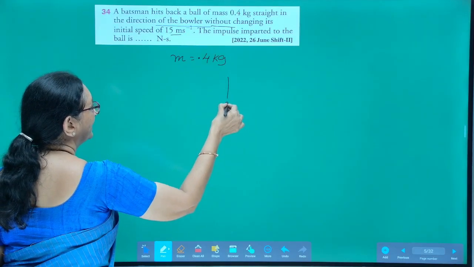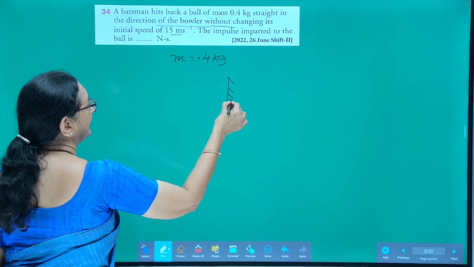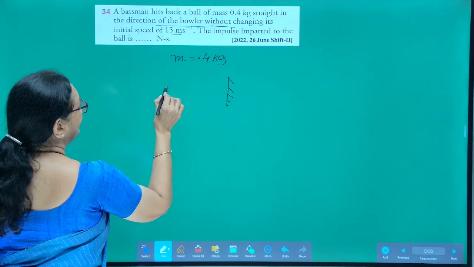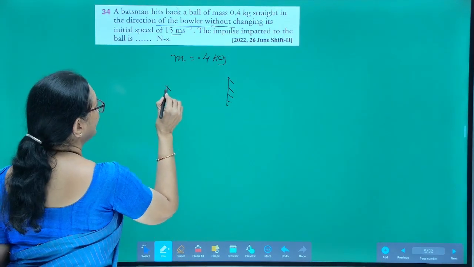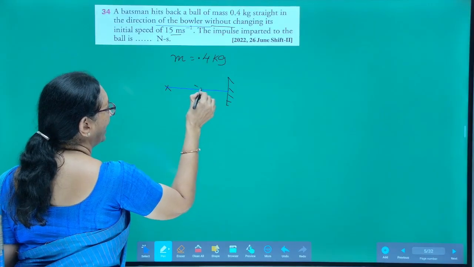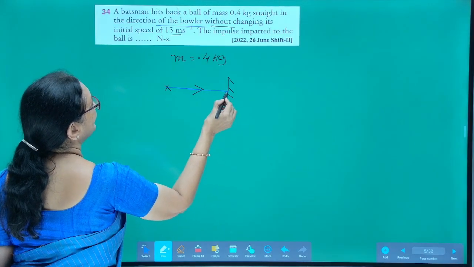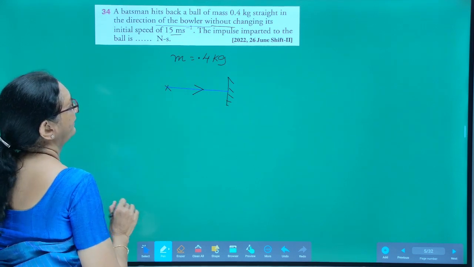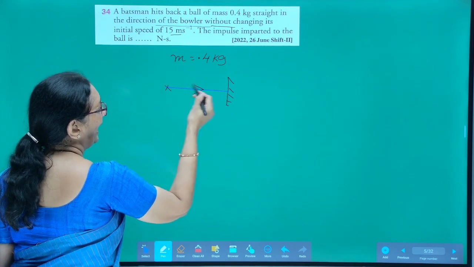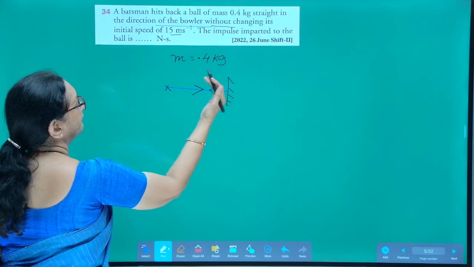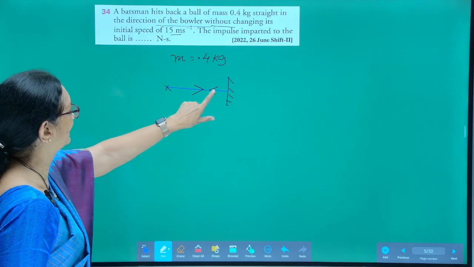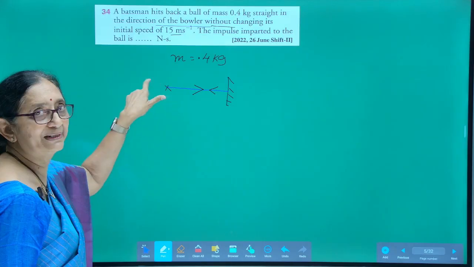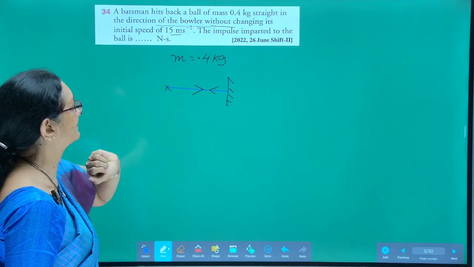See here, this is the location of the batsman and this is the position of the bowler. The ball strikes the batsman with a velocity 15 meter per second and is reflected back exactly in the same line towards the bowler with the same speed.